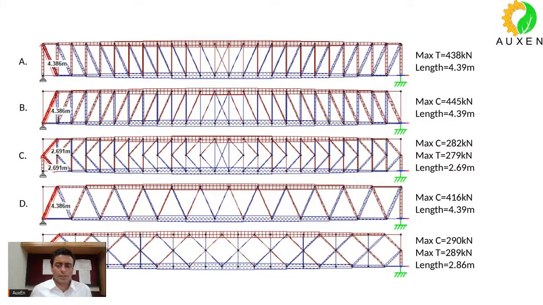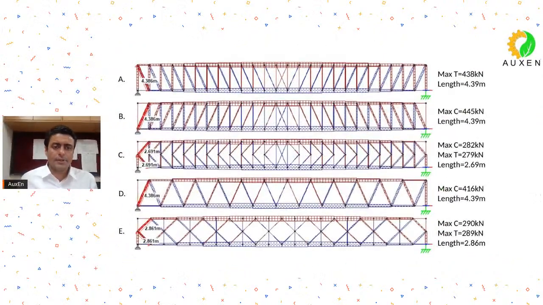If I go to the diagonals, what do I see? Again, in the diagonals, I have just written down their tensions or compressions, and if there is both, I have written down both. Now, if I ask you which type seems to be better, if you just compare the forces in the diagonals, because top chord, bottom chord, you have the same force, so that was not a differentiating criteria as such.